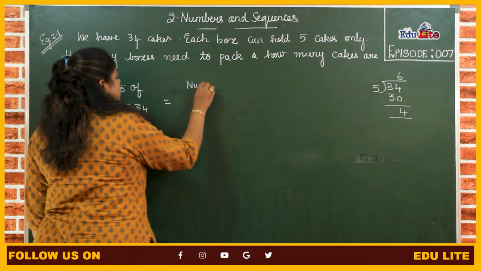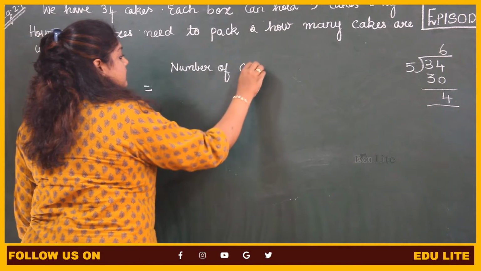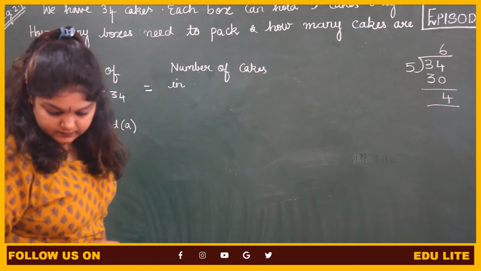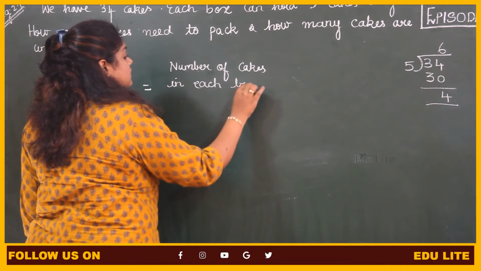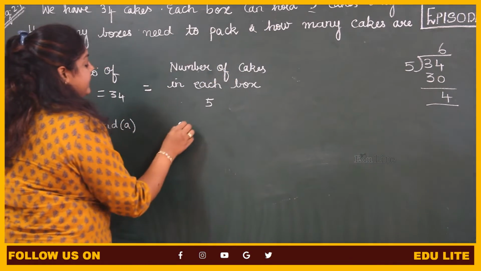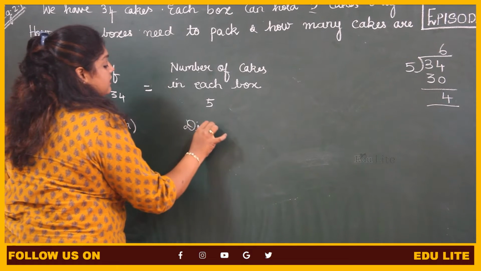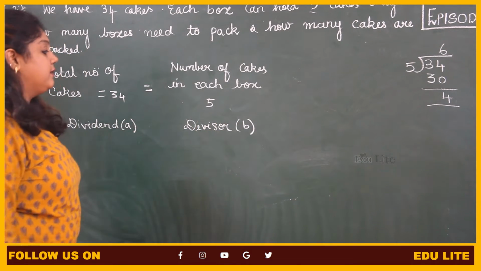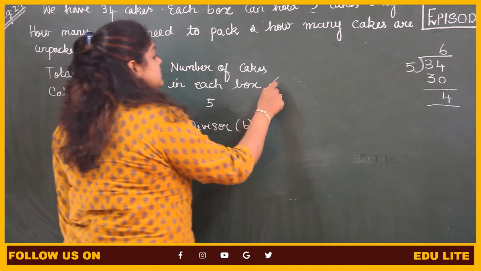The number of cakes in each box is 5, and this 5 we express as the divisor according to the Euclidean division lemma. The divisor is denoted as B.